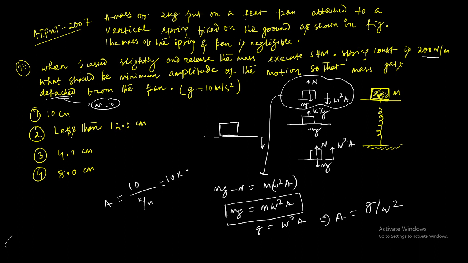So 10 into m value, 2 kg, divided by K value, 200. So this will be 1 by 10 meter. Now amplitude equal to 1 by 10 into 100 centimeter. This will be 10 centimeter. Option number A will be correct.